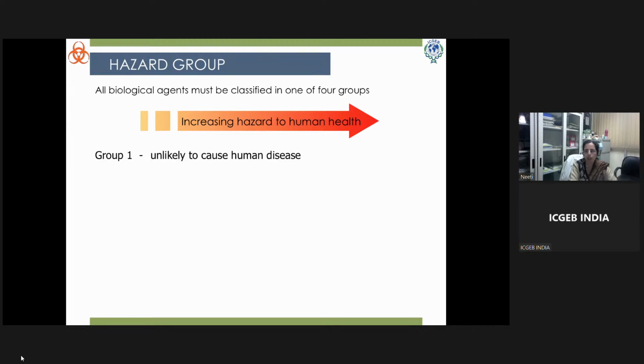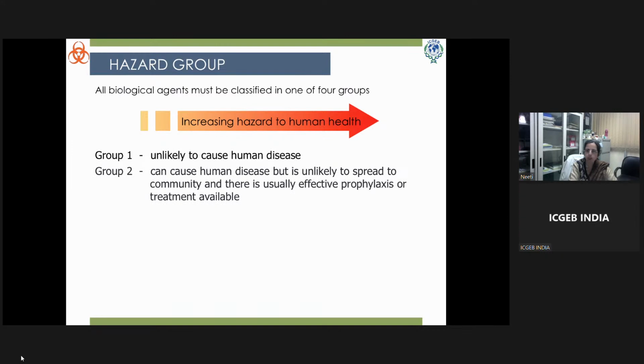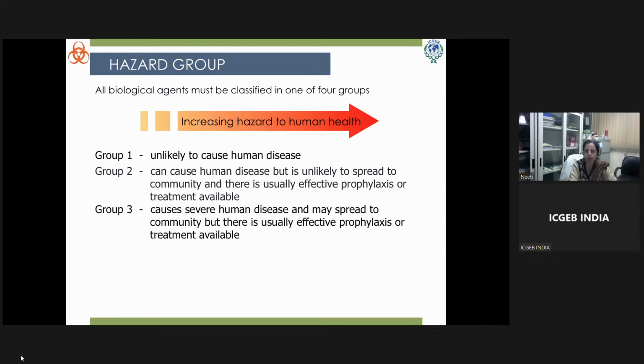Group 1 contains all those which are unlikely to cause human disease and are considered to be relatively safe.